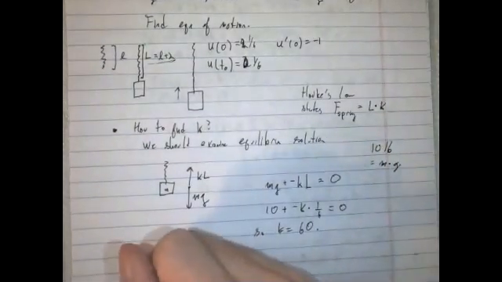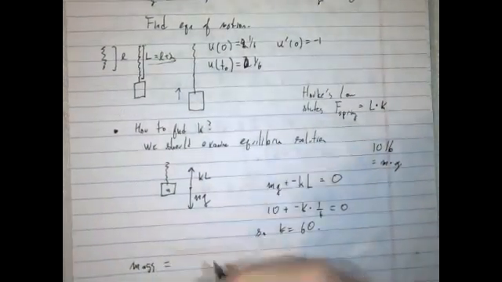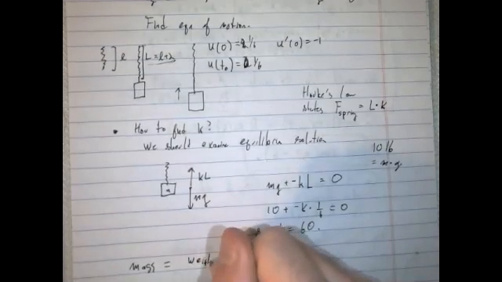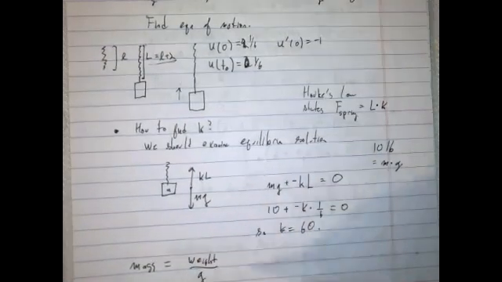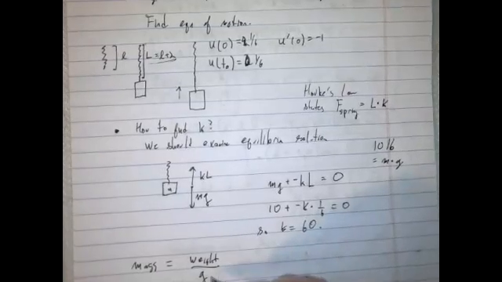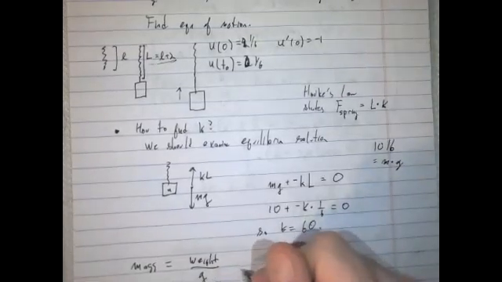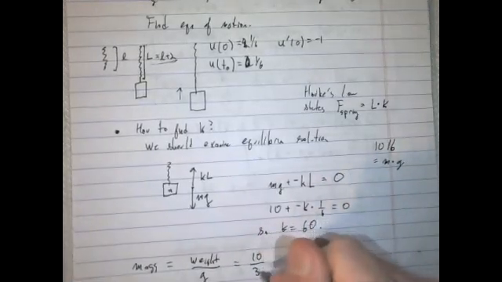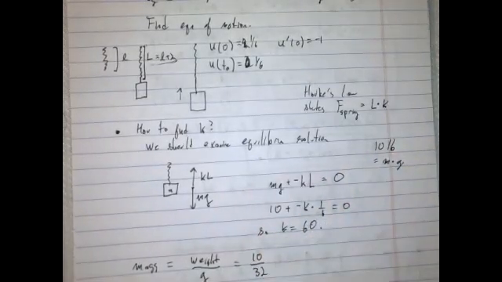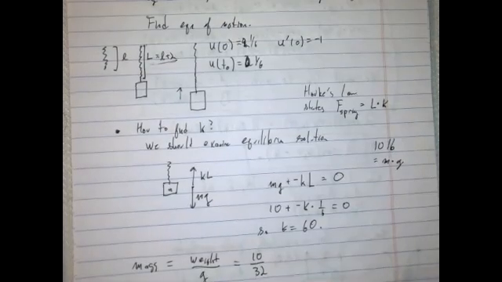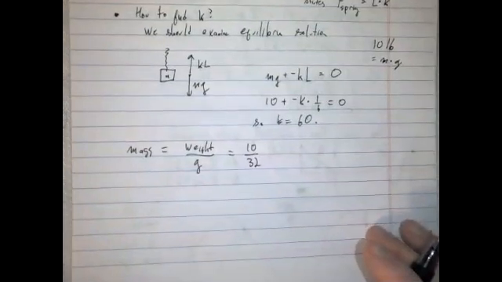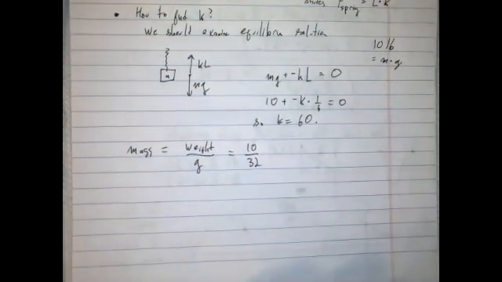So the mass is going to be equal to weight over gravity, and the gravitational constant written in feet is 32. So the m is going to be 10 over 32. Okay, thank you.